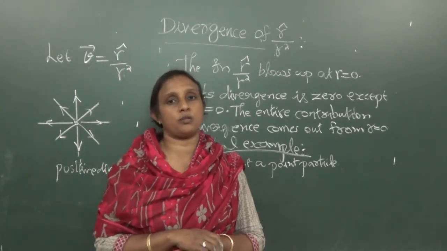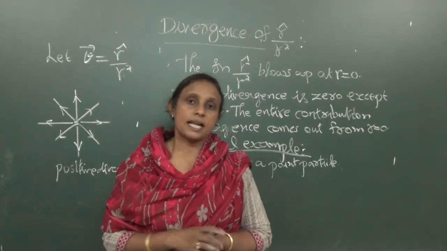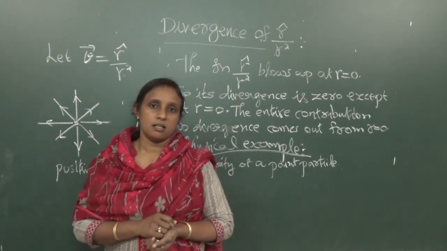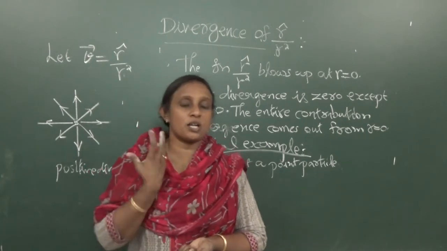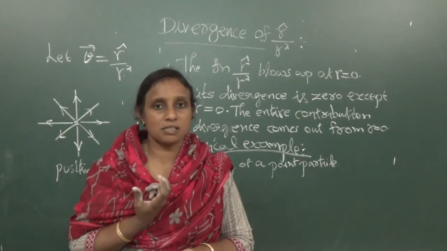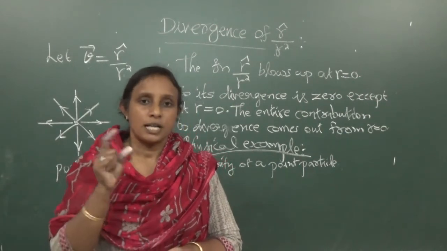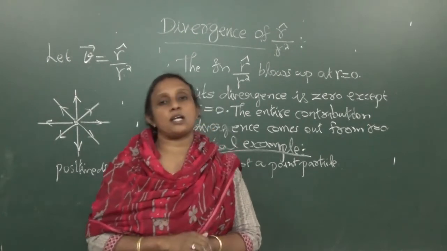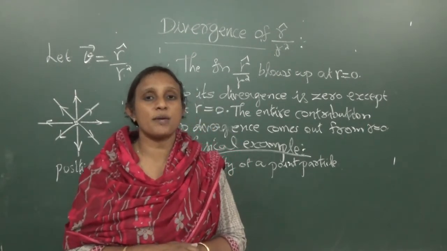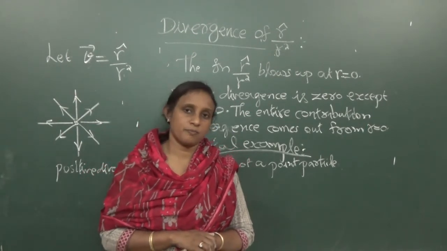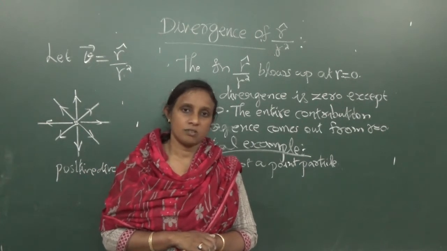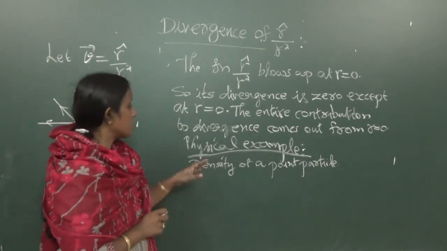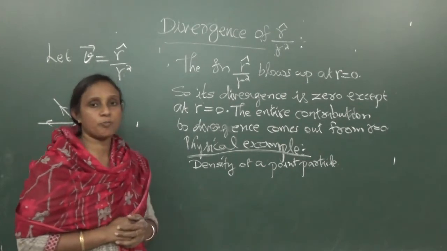Density has zero value. But what is the volume integral of density? It is mass. Okay, the volume integral of density is mass. But it has a finite value for its volume integral, mass. So, this is a physical example, density of a point particle.